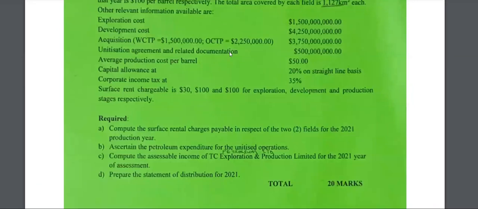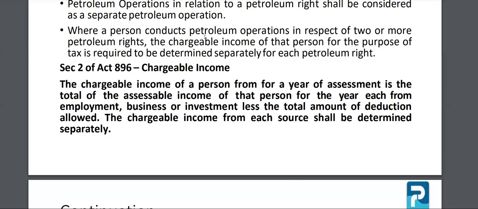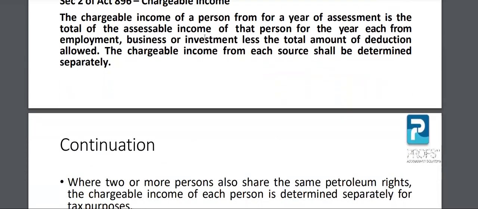That is why I was saying that the option that says compute assessable income doesn't necessarily mean you are computing the chargeable income. The chargeable income is assessable income less the allowable deductions. So please take note of what is expected of you on the examination.